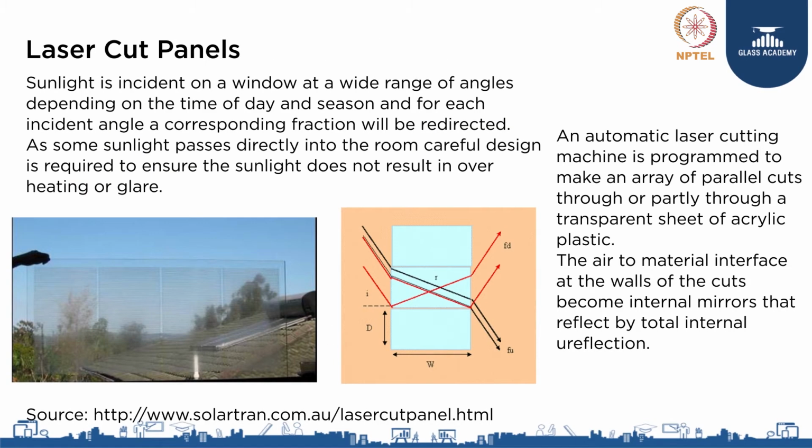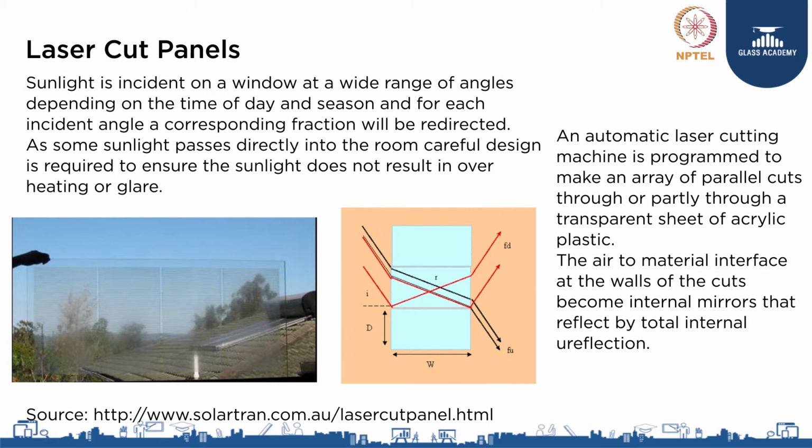There is another interesting technology for achieving the same thing, which is called laser cut panels. In laser cut panels, there is an automatic laser cutting machine which is programmed to make an array of parallel cuts through a transparent acrylic sheet. What happens when we make these cuts?